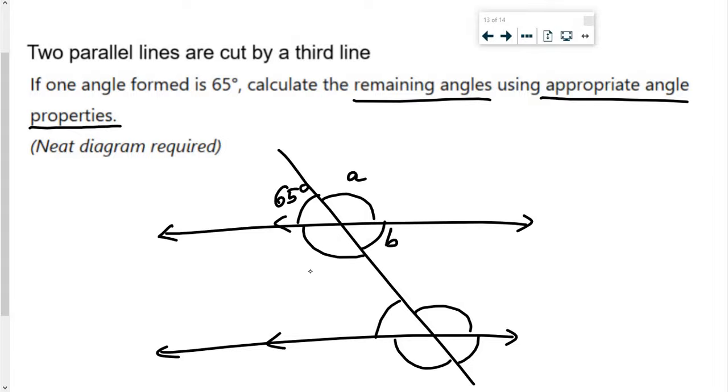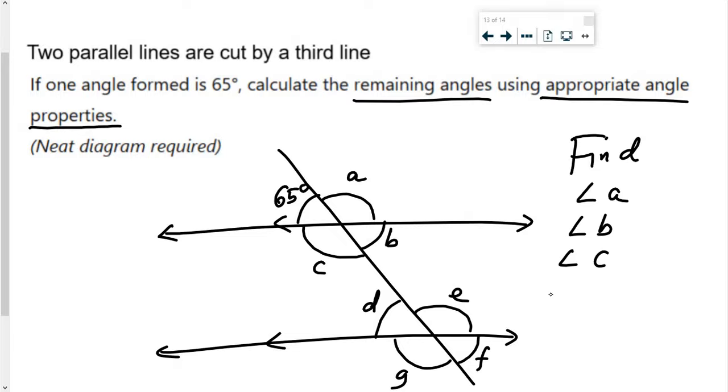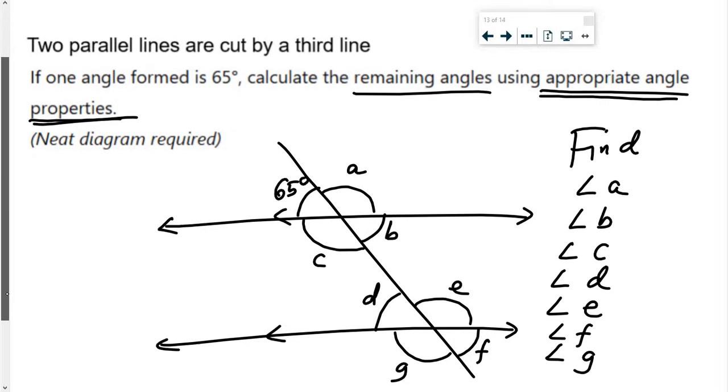That is A, B, C, D, E, F, G. So we need to find what is angle A, what is angle B, what is angle C, what is angle D, what is angle E, what is angle F, and what is angle G. How many angles? 1, 2, 3, 4, 5, 6, 7. We have to find them. But we have to use appropriate angle properties. Do you know them?